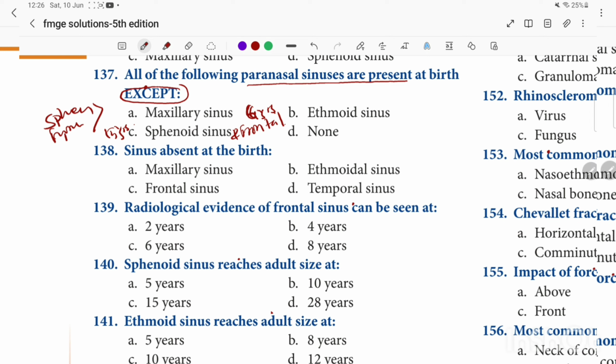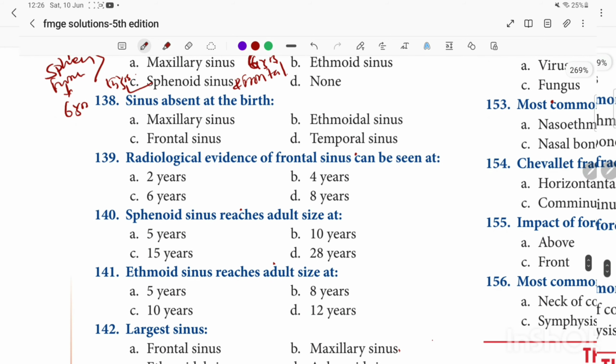Frontal sinus appears at 6 years and sphenoidal at 15 years. So which one is the answer? Absent at birth are the sphenoid and frontal, so the answer is frontal.